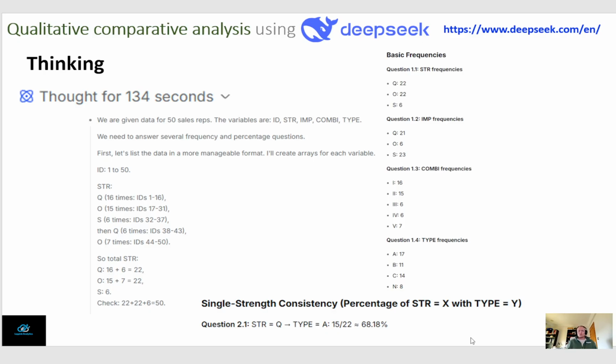There are different options. Even in Excel, you could tackle this because it's not a very complicated data set.